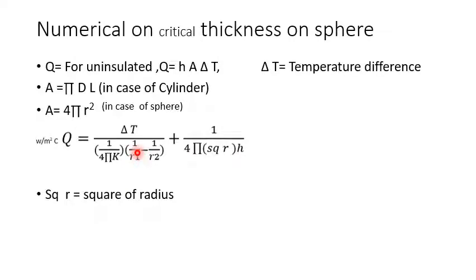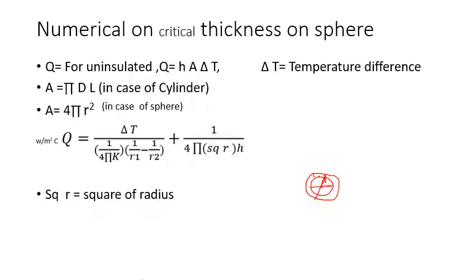I mean, if the ID and OD, R2 is the radius after insulation, right? This is after insulation. Don't confuse it with R1. So if I am having a pipe, this is considered as the ID, and the second line is considered as the OD.